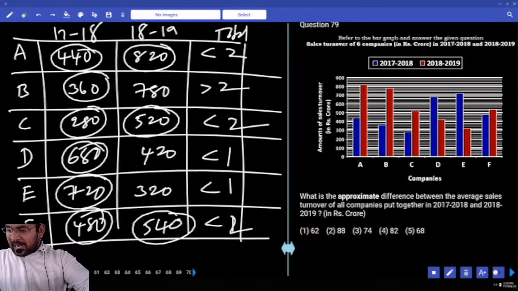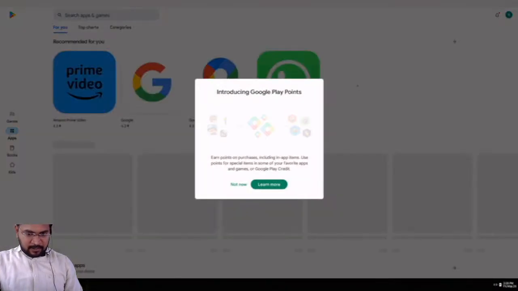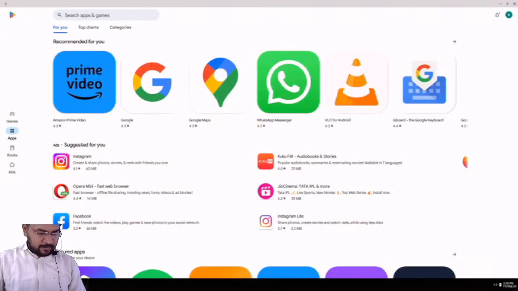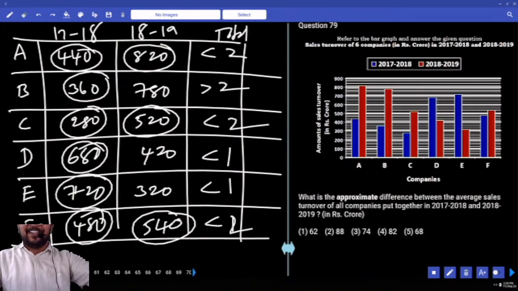What is the approximate difference between the average sales turnover of all the companies put together?